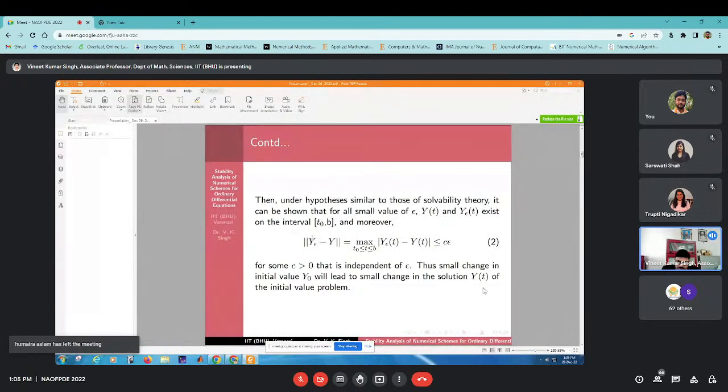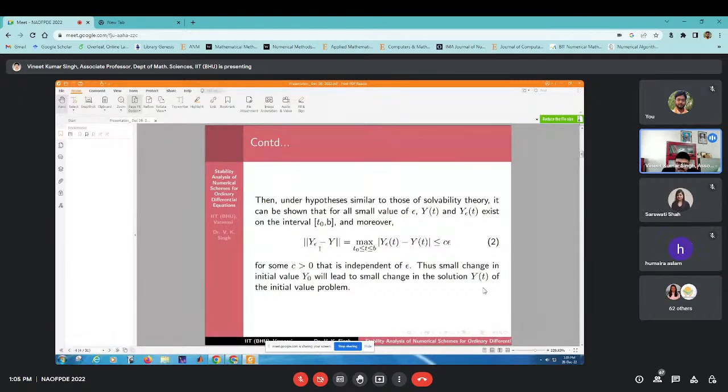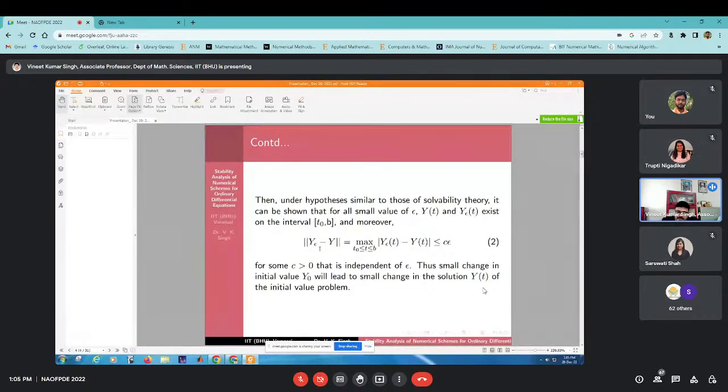That means for the perturbed problem also, we assume it has a unique solution y epsilon. Now we find the difference between these two. Here, y epsilon is the perturbed solution and y is the exact solution.